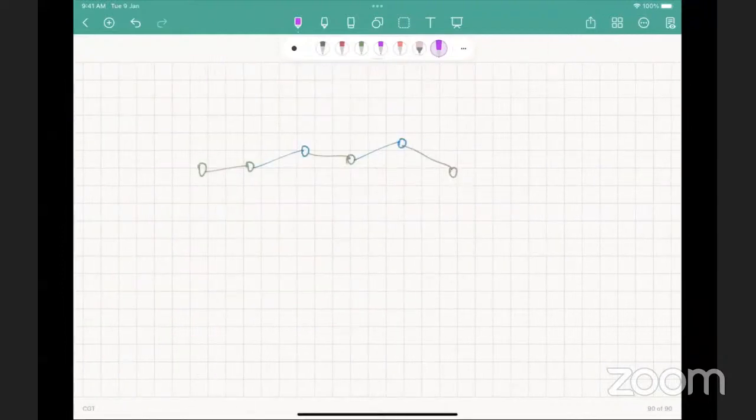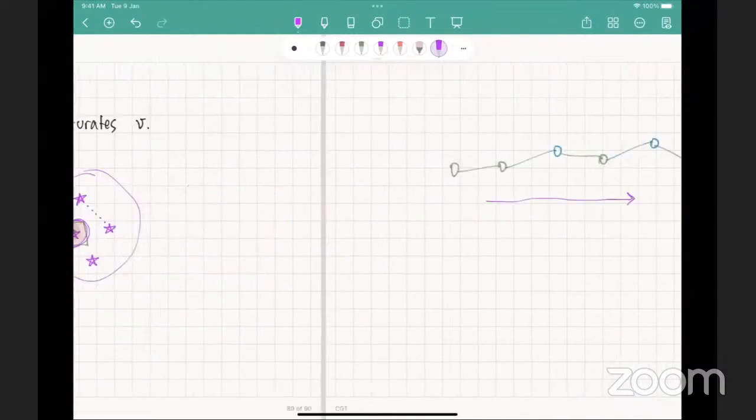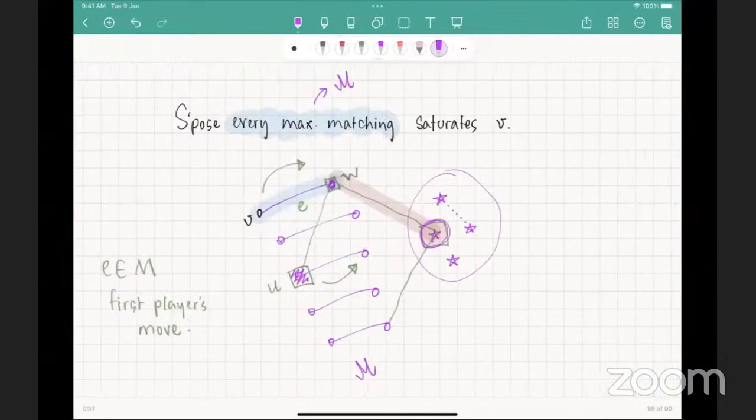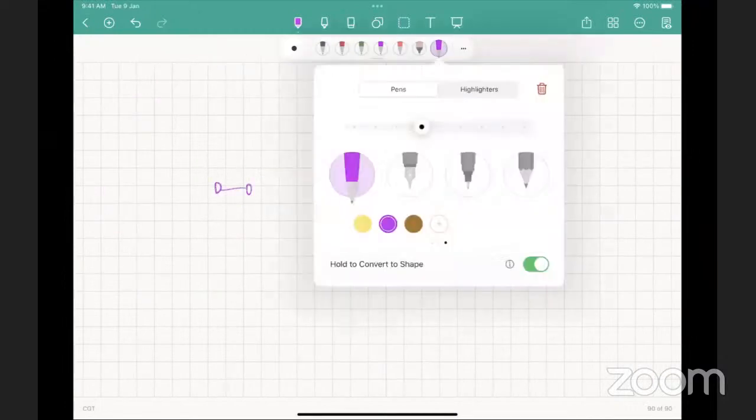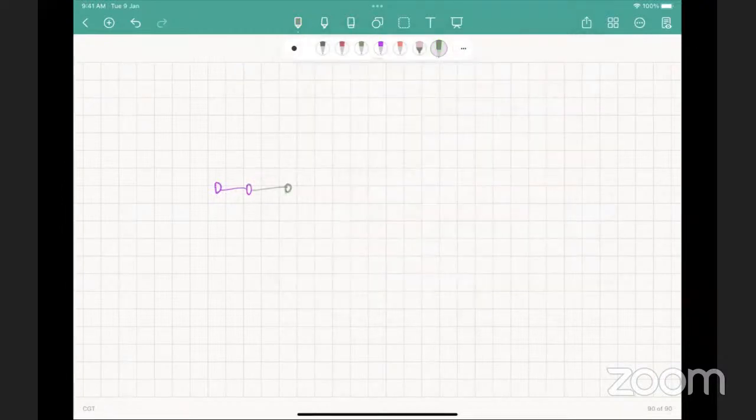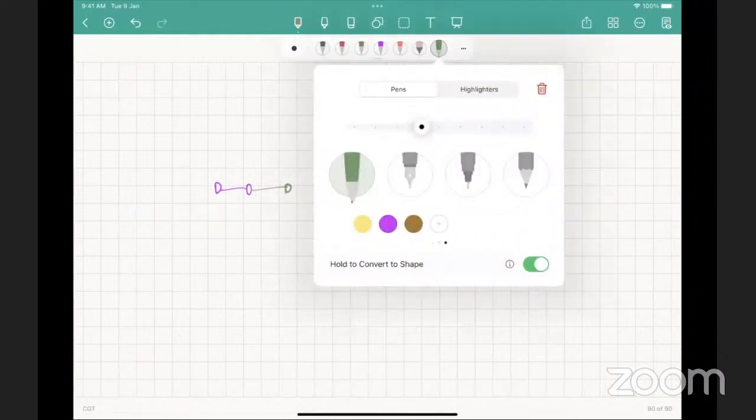So let's say you're tagging along happily for some time. Let me try and be consistent with the colors just to remind ourselves of what's happening. So the first player plays along a matching edge. Let's say that the second player responds by taking you to a saturated vertex. Then life is good.